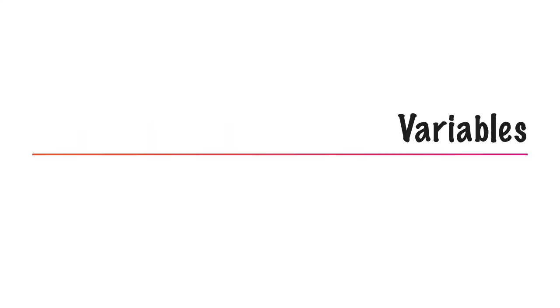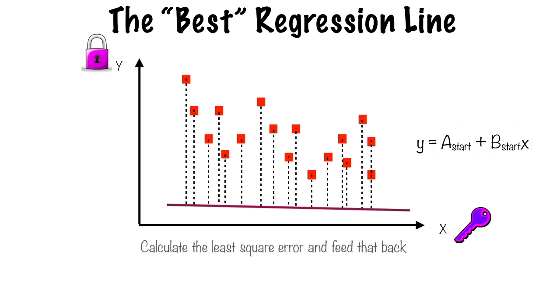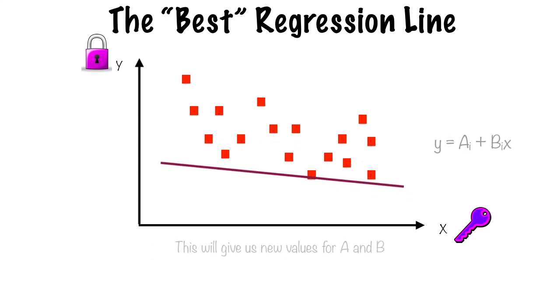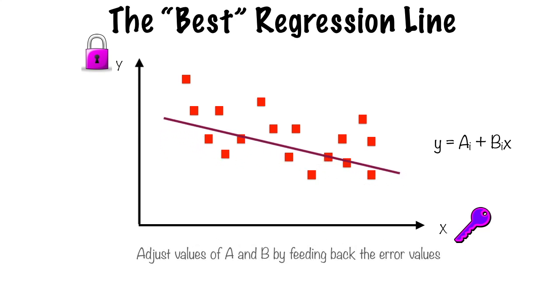If placeholders are the input nodes in the computation graph, then variables are parameters of the machine learning model. In the case of our regression line, we had two parameters, A and B. Recall that we had started with initial values A start and B start, and then these values were tweaked during the training process. At the end of this process, we had the values corresponding to the best fitting regression line.